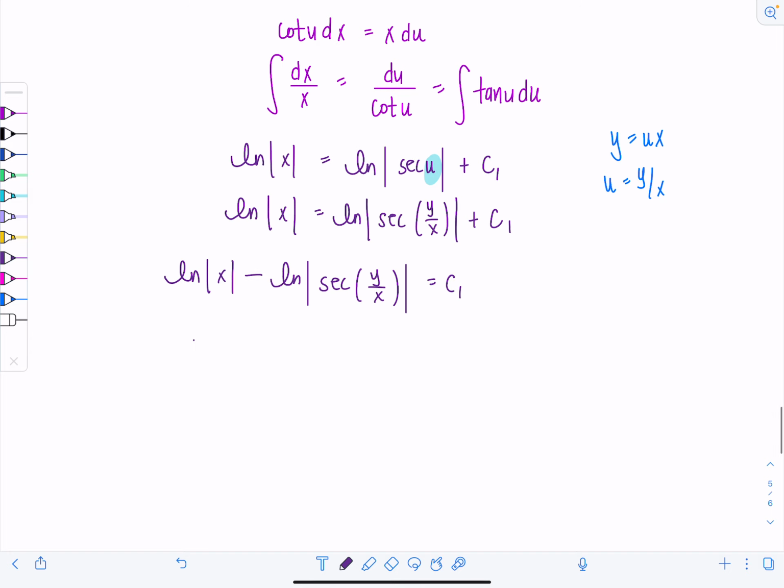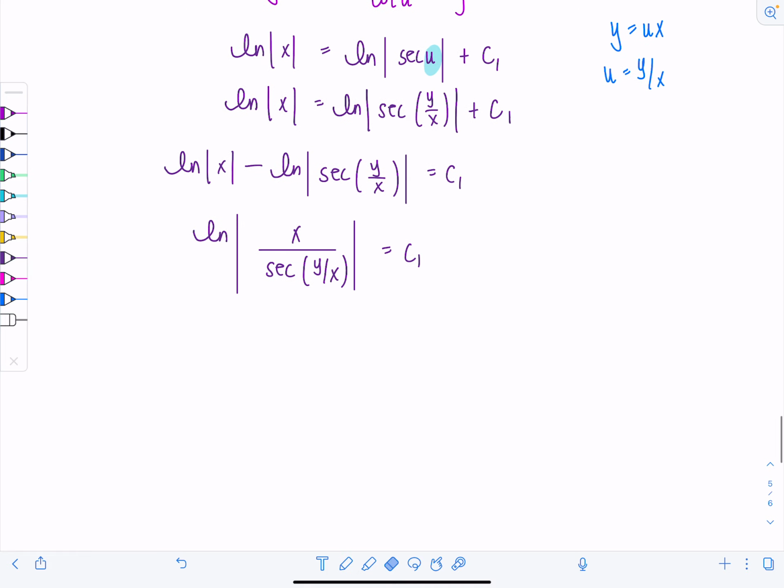And then using some log properties, I can write this as ln absolute value x over secant of y over x equals c1. And then why am I leaving that poor secant in the denominator? I can rewrite this even more beautifully if I make it cosine in the numerator. So this is x times cosine y over x, yes, equals c1. Okay, so now I've only got one log, nice cosine.